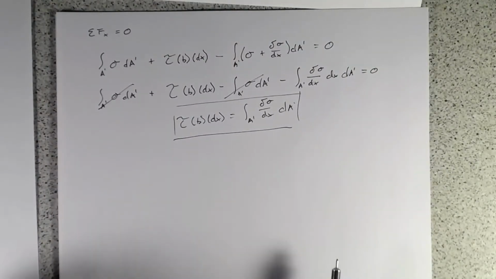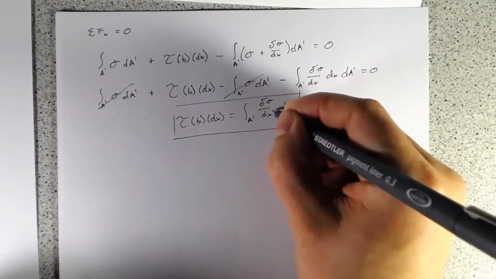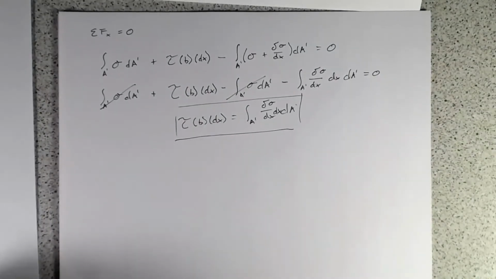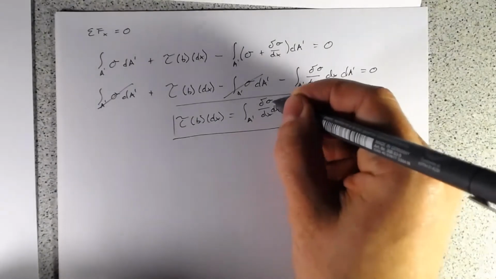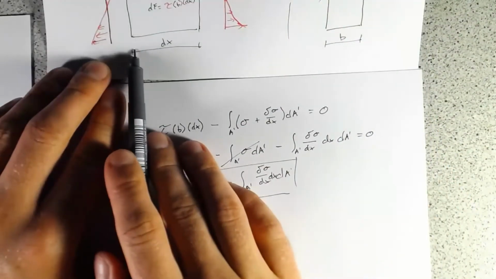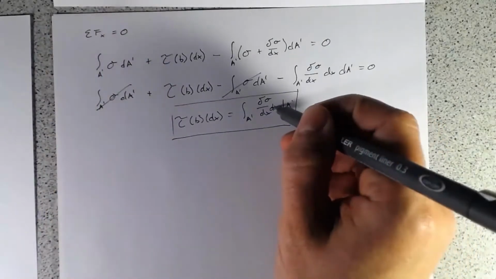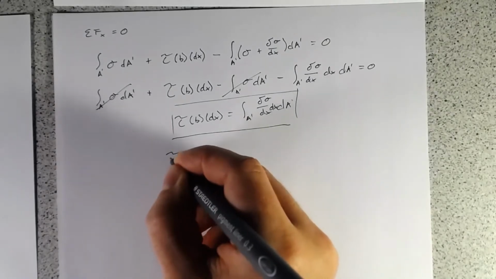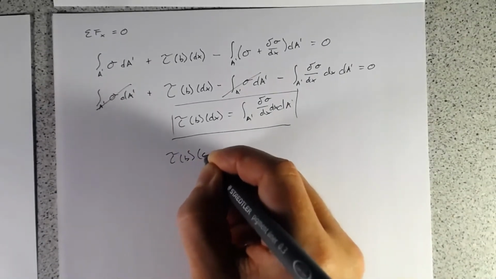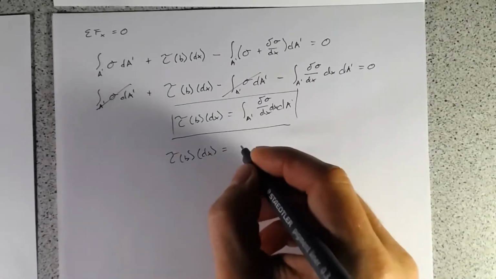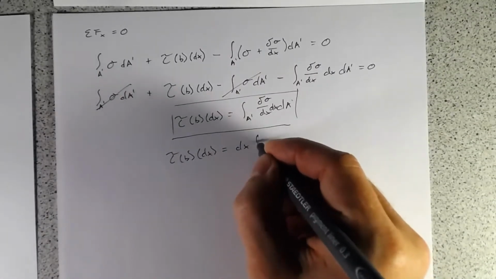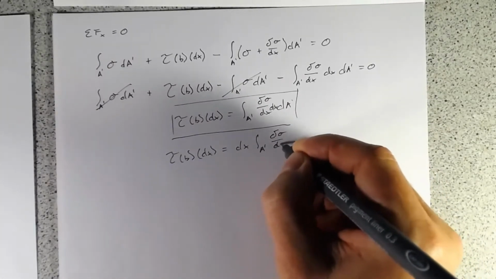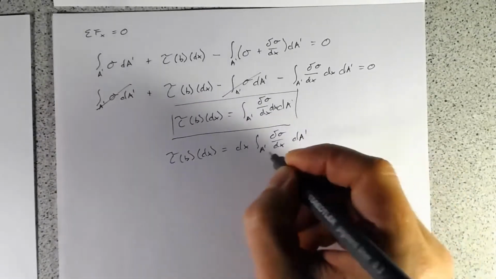So, in order to, oh, sorry, I'm missing a dx over here. Well, let's continue. This is not a terribly useful form of this equation yet, so let's continue this. So this is a dx. That's a constant. That's just the length of the block. So because it's a constant, we can move it out. So we get tau times b times dx equals dx times the integral of delta sigma over dx dA prime.